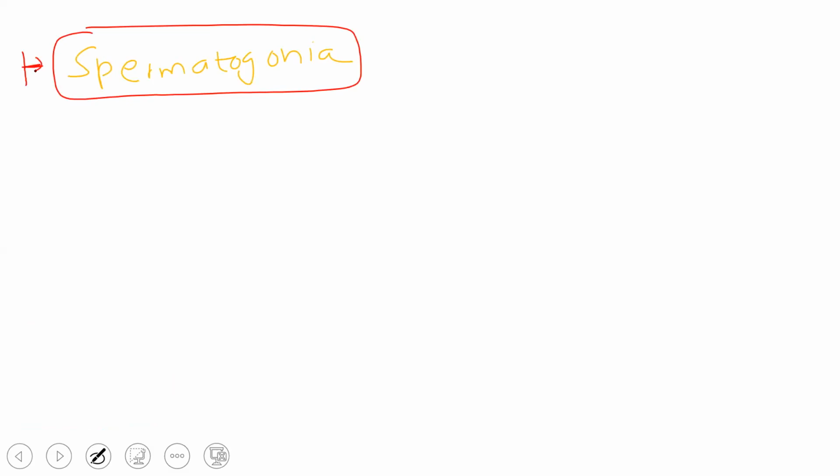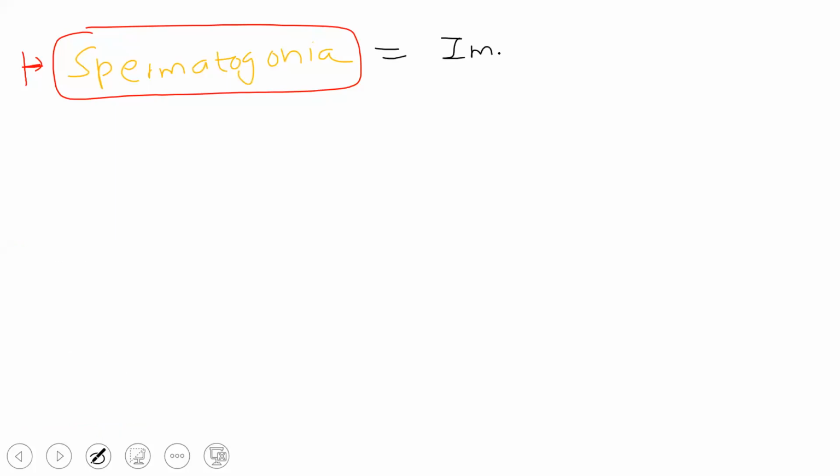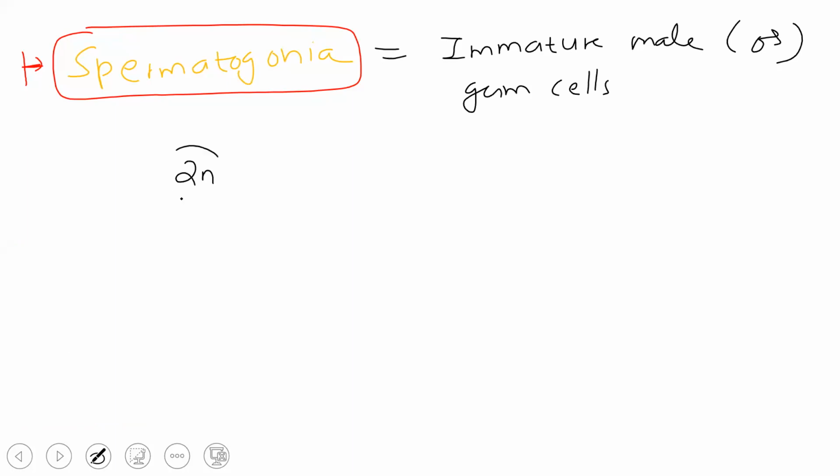Spermatogonia are basically immature male germ cells. They are diploid. So how many chromosomes will they have? In human beings, male or female, a diploid cell will have 46 chromosomes. Remember, it is all based on the chromosome.